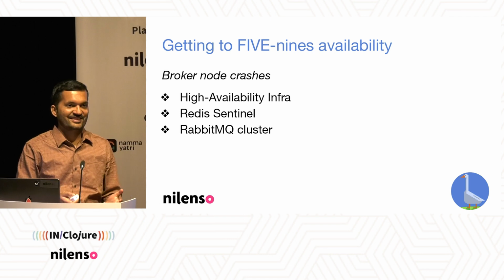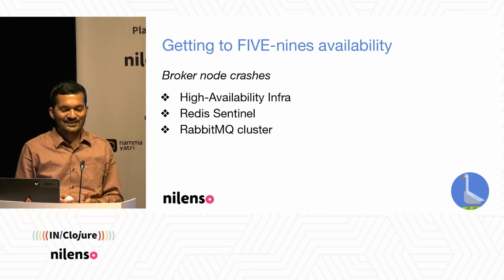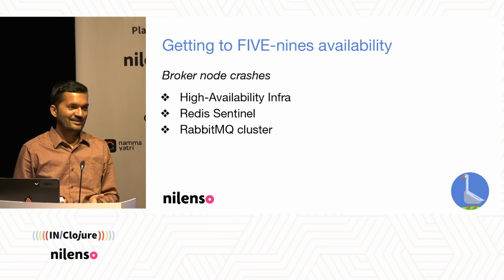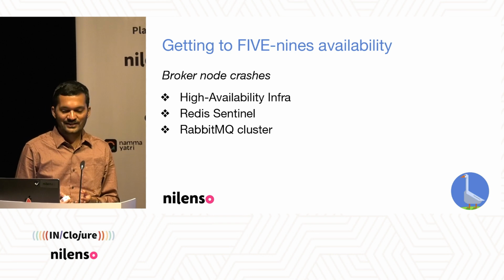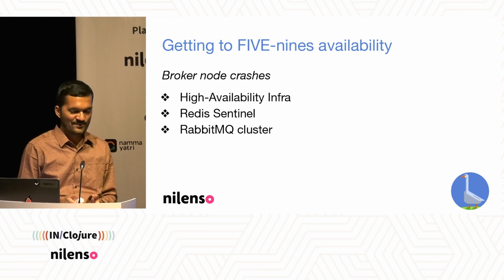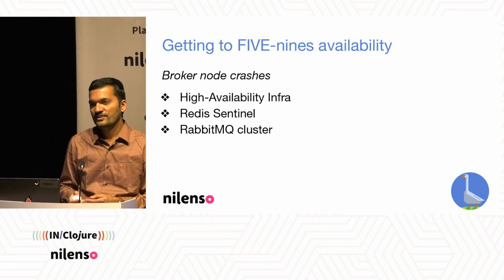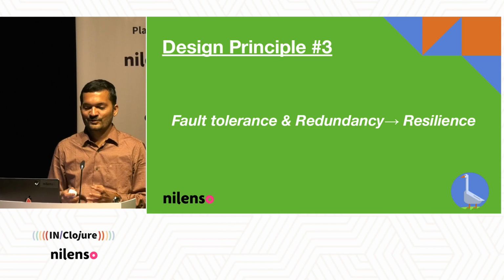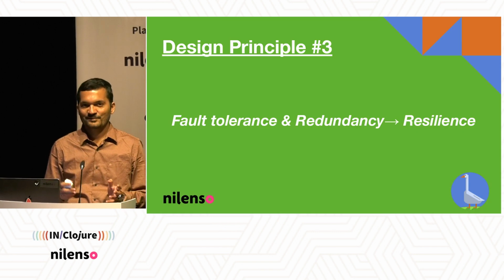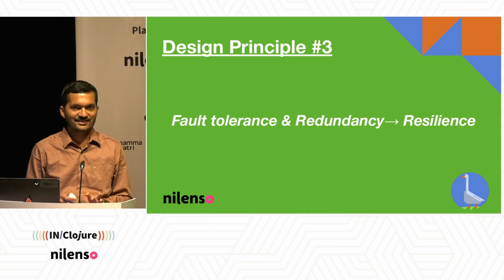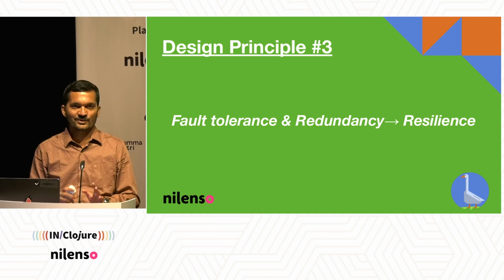Another question, what if this fails? What if your broker node crashes? High availability infra. So to do that with Redis, you have Sentinel, and in case of RabbitMQ, there is a cluster, right? So what I would like you folks to take away from this is, keep fault tolerance and redundancy in mind, and that will give you a very resilient software.